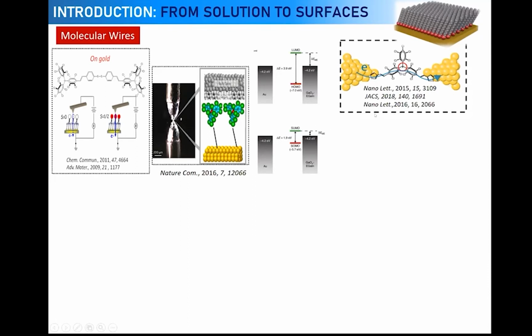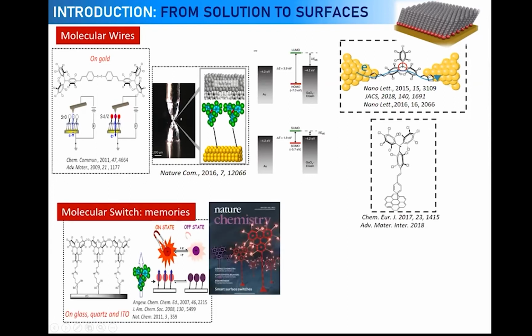And we have also scaled down these devices, and in collaboration with Herre van der Zant, we have investigated these radicals in single molecule junctions. Also, we have exploited electrochemical and optical properties for molecular switches and for memories, so we tuned the optical properties by an external electrical input.